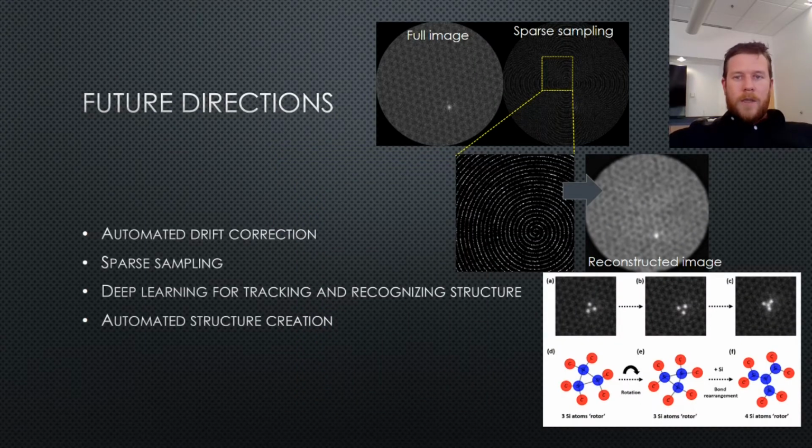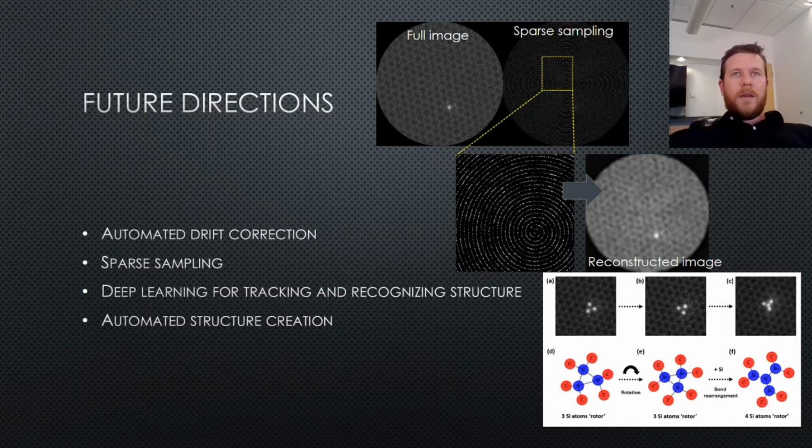Okay, so in the future, what sort of things would we like to do? One of the troubles that we run into frequently is that the sample is going to be drifting almost invariably, and once you take an image, you don't know that the atoms are now where they were when the image was taken.